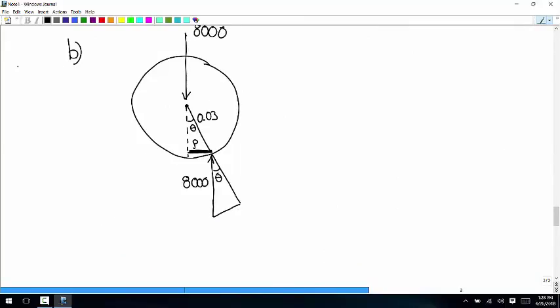That 8,000 Newton force is the sum of a friction force and a normal force. So this is the normal force pointing perpendicularly towards the surface. This is the friction force, and now that we're talking about kinetic friction, this is 0.02 N. That's a right angle.